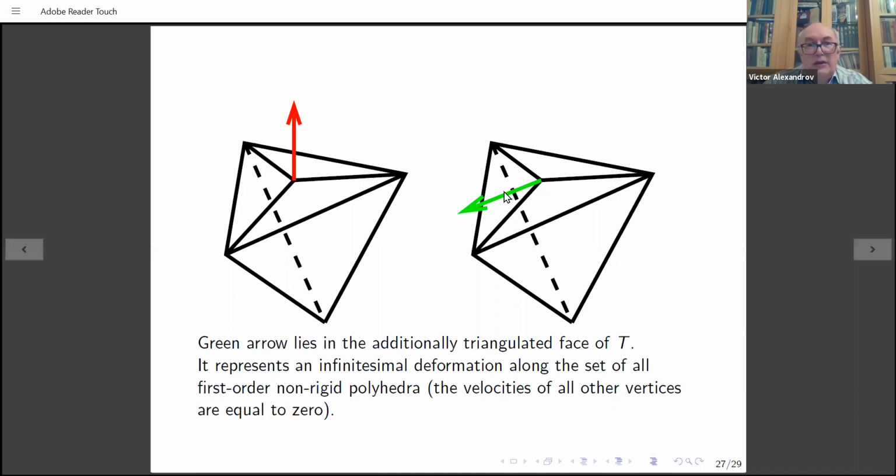So now it seems to me obvious that if you move along the set of all first order non-rigid polyhedra, it means that if you deform your polyhedron in such a way that it remains first order non-rigid, then you should move along the green arrow.